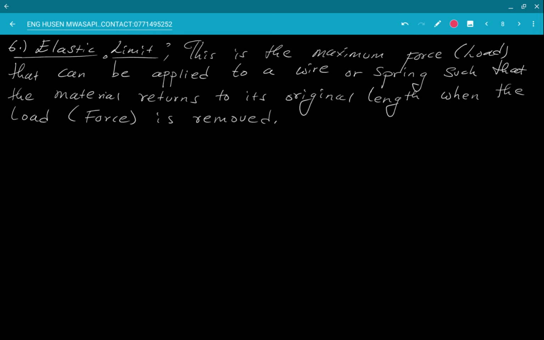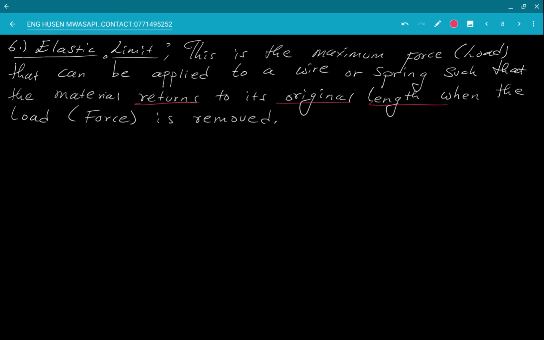Now, this is what we call elastic limit. Elastic limit. Now, to easily understand elastic limit, this definition that I've given you is the best definition you can ever come across on elastic limit, because elastic limit is simply just the maximum force or the load that can be applied to a wire or spring such that the material returns to its original length when that particular load or force is removed.